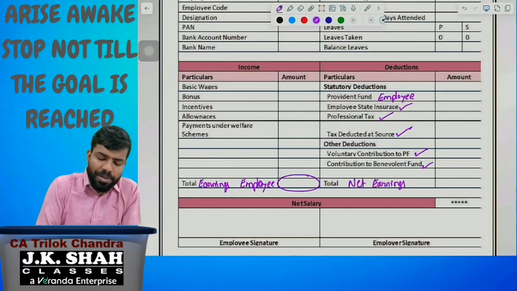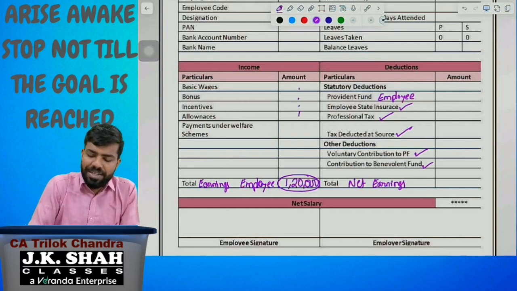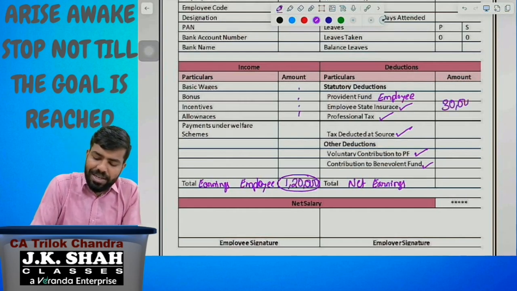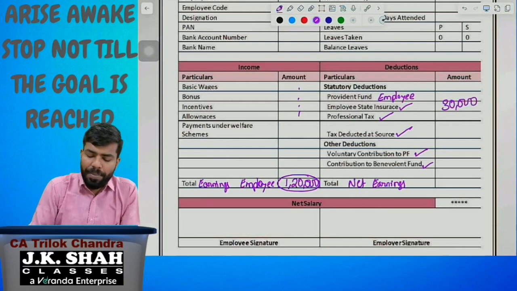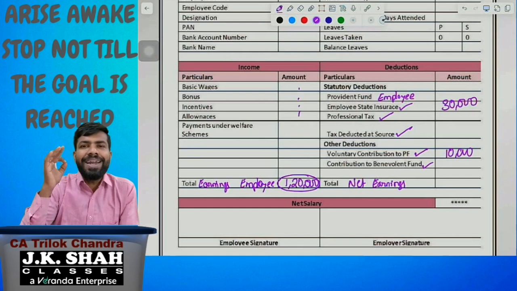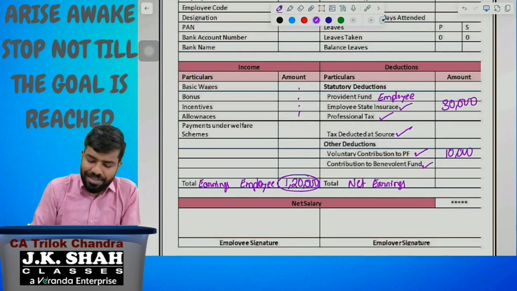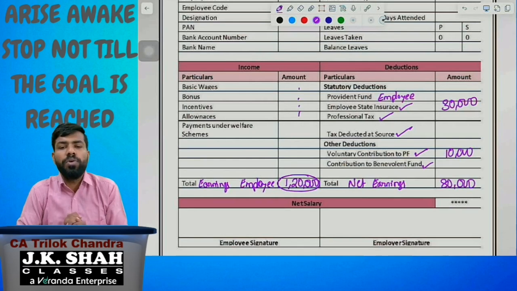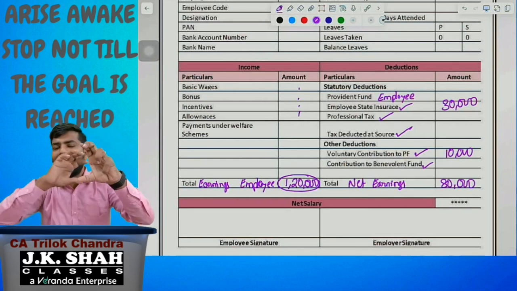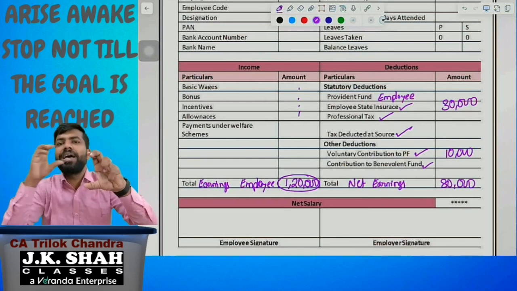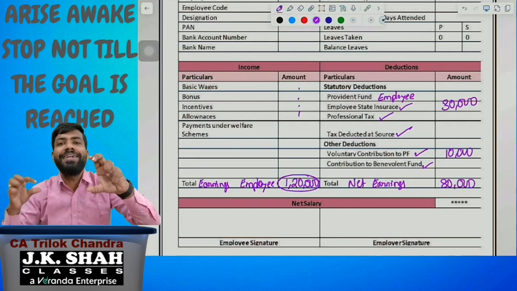Let me take an example. This total comes to 1,20,000, and statutory deductions are 30,000. Other deductions are somewhere around 10,000. Now the net earnings is 80,000. Are you understanding? From the total earnings, exclude the statutory deductions and other deductions, and we get net earnings.